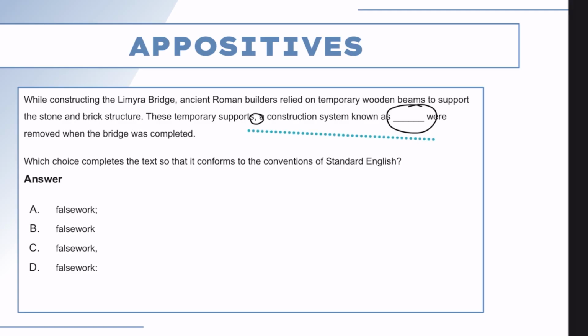So what I like to do is see if this is essential or not essential. And the way I do this is I basically take this part out and see if the sentence can exist without it. So let's read it. These temporary supports were removed when the bridge was completed.